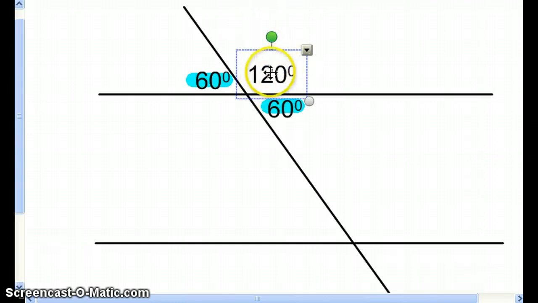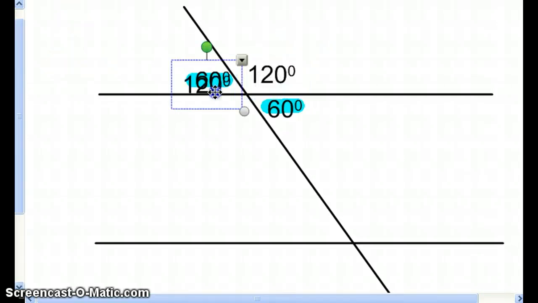This angle right here is vertical with the angle right across from it, which means the angle right across from it is 120 degrees. Four of these angles are corresponding with the angles seen below.